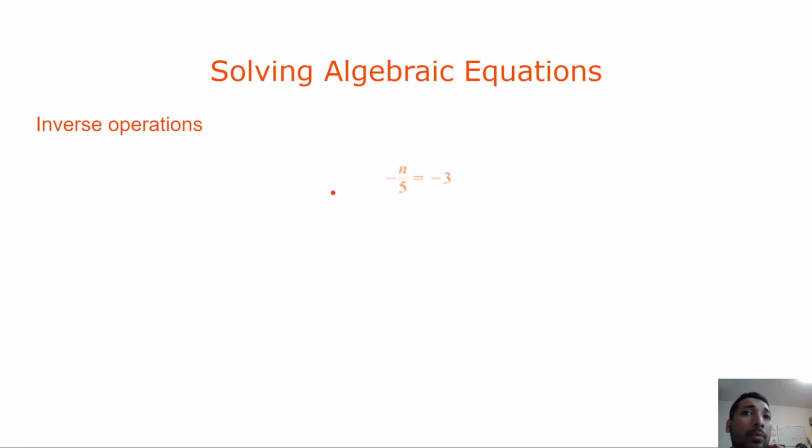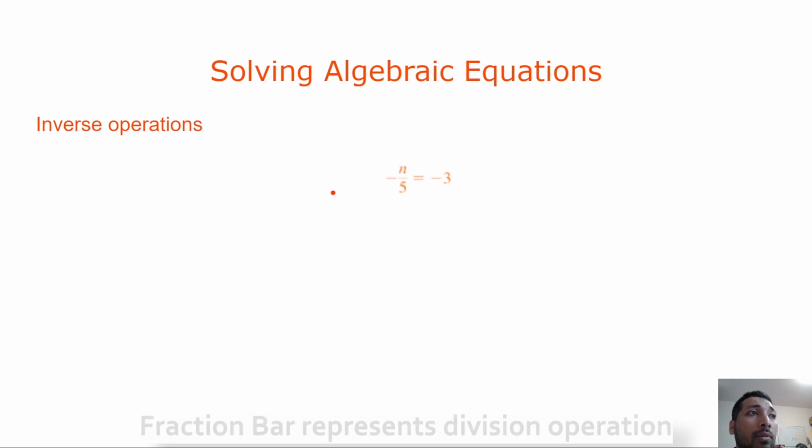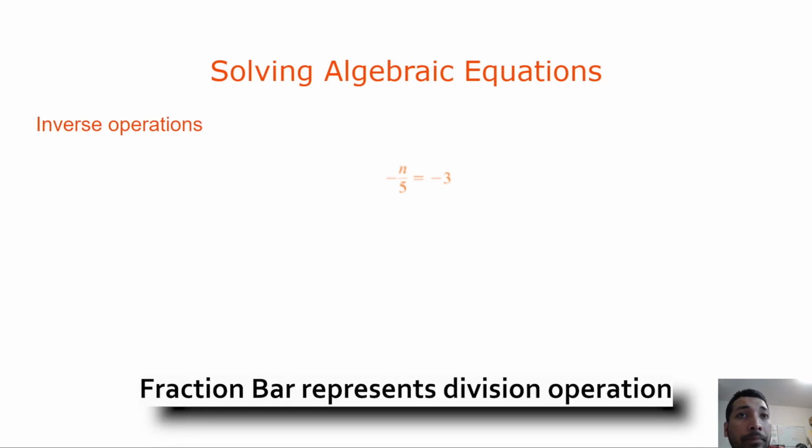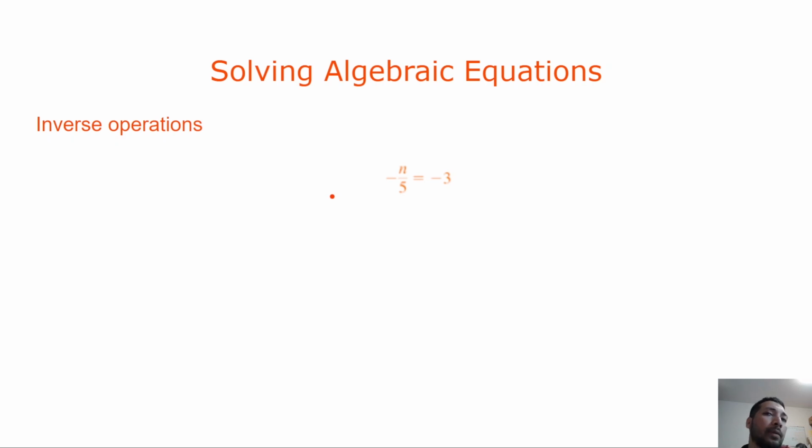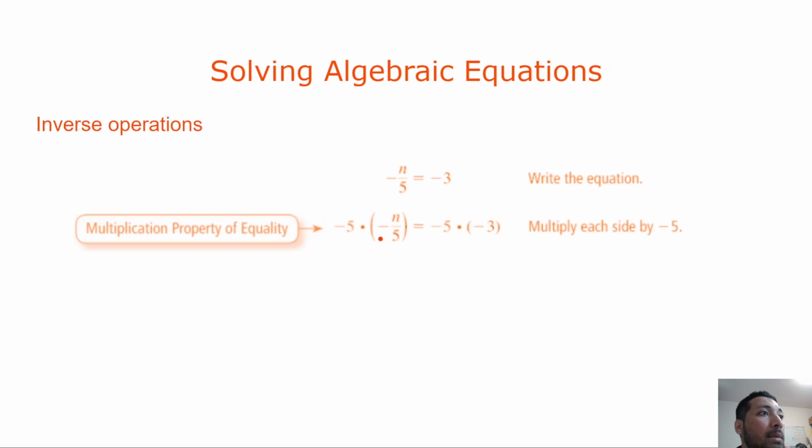Okay, the next problem we have is negative n over 5 equals negative 3. Over here, we can see a division sign. The opposite of division is multiplication, so we need to multiply by 5. But if you multiply by 5, it does not remove the negative sign in front of the variable. Whenever we solve for the variable, we always keep the variable positive. So we need to multiply both sides by negative 5.